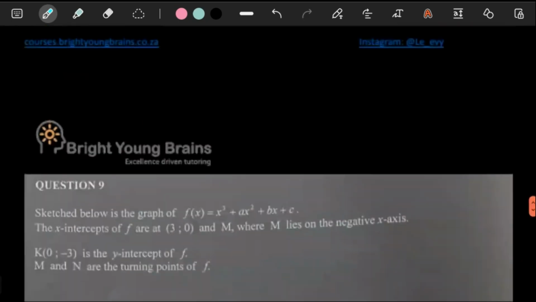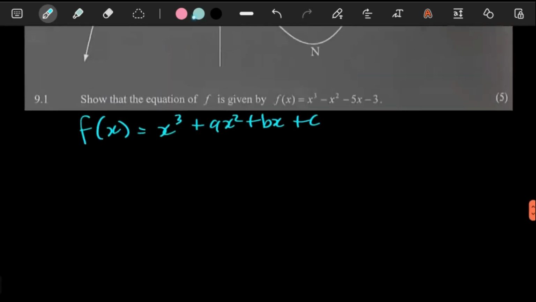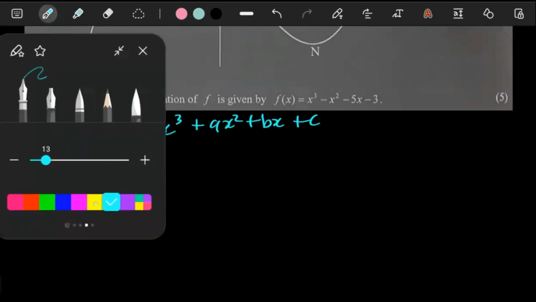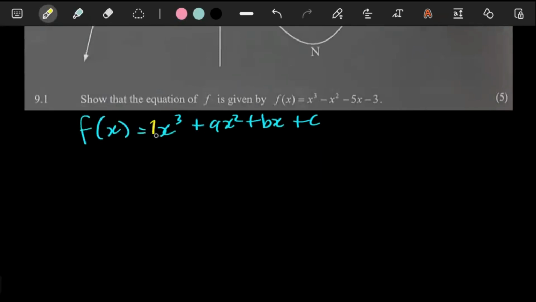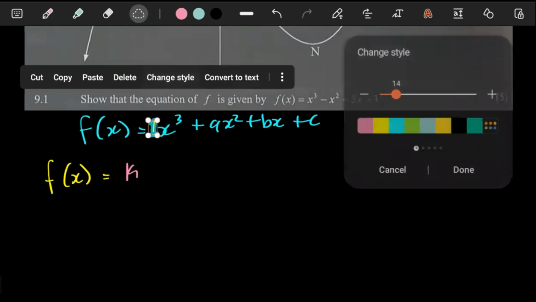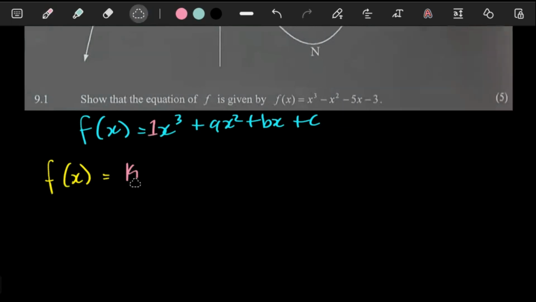So the fortunate thing is, you already know what this number in front of x cubed is. This is important, because whenever f of x is factorized, it will always have a value in front, which will always be this. Let me make these the same. So whatever this is, it's going to be this value here. And then you will always have 3 brackets.